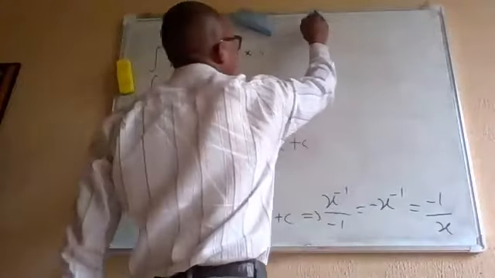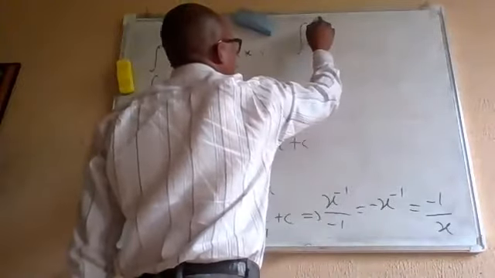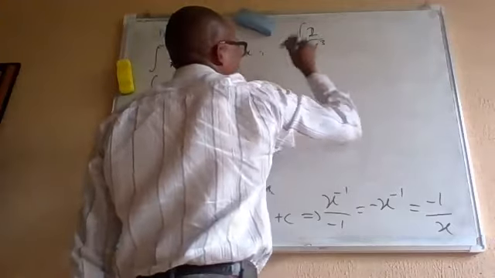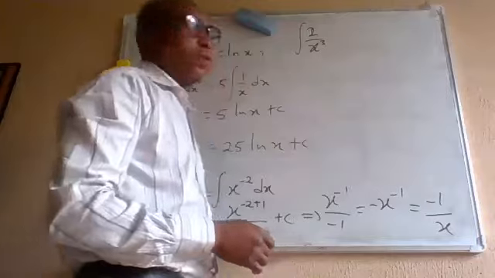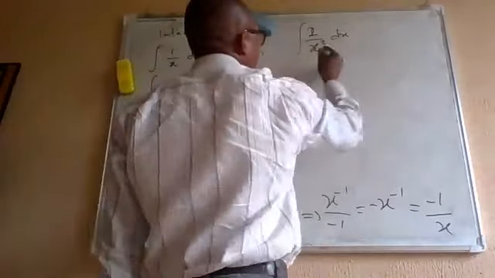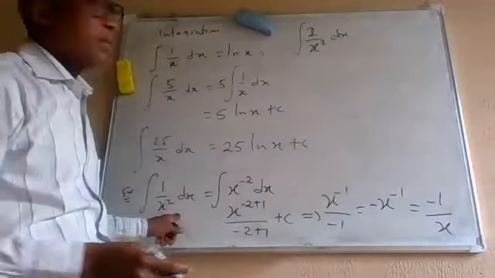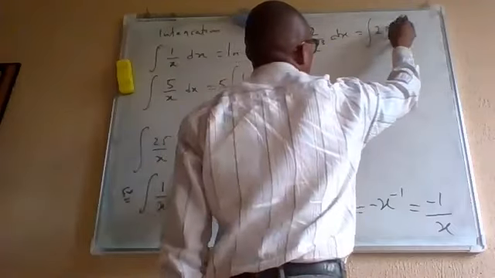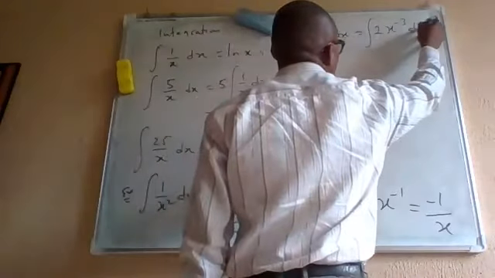Then still another example. Let's say you are asked to integrate 2/s raised to power 3 dx. By law of indices, just like what I did here, I can rewrite this as integral 2s raised to power minus 3 dx.